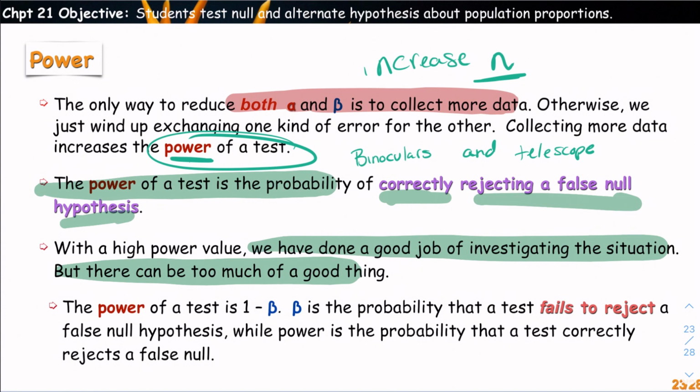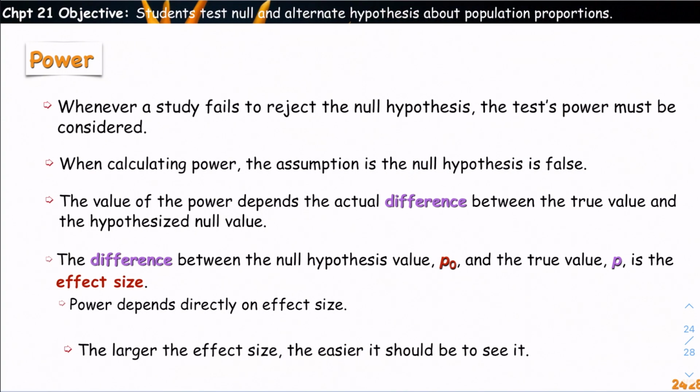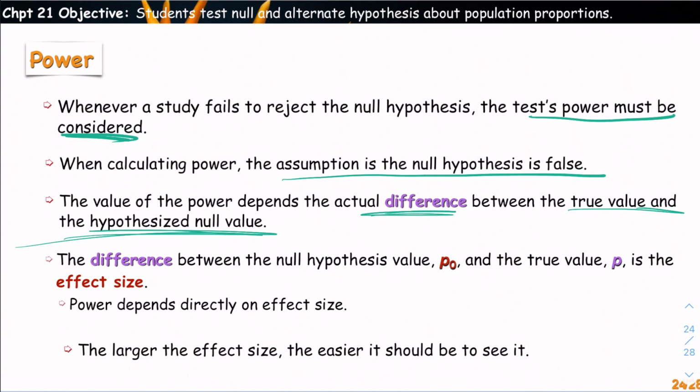Beta is the probability that a test fails to reject a false hypothesis, while the power is the probability that a test correctly rejects a false null. So whenever a study fails to reject the null hypothesis, the test power must be considered. When calculating power, the assumption is the null hypothesis is false. The value of the power depends on the actual difference between the true value and the hypothesized value.